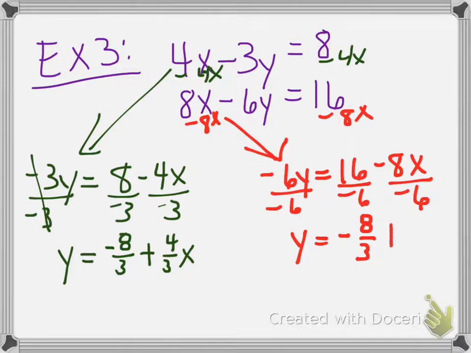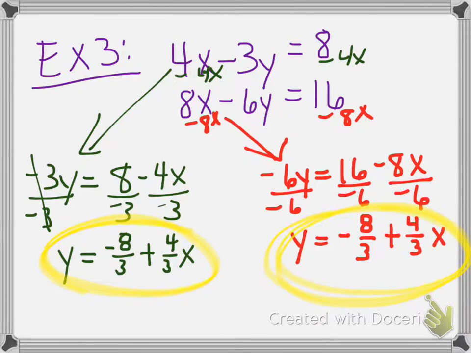Negative 8 divided by negative 6 is positive, and 8 over 6 reduces to 4 over 3 x. Well, what do you notice? This equation and this equation are the exact same.